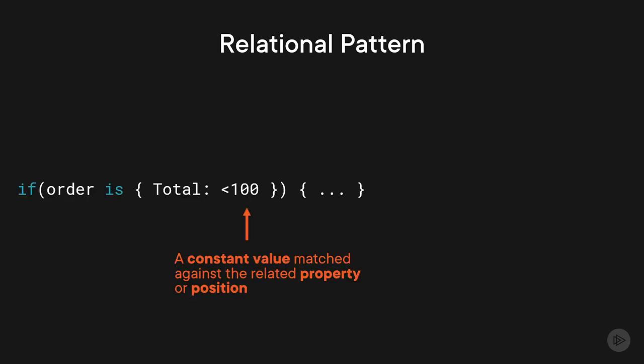We've used another pattern a few times already without talking about what that is. I'm referring to the relational pattern. This is an extremely nice addition and a truly useful pattern. The relational pattern requires you to use a constant value to compare against the related value.